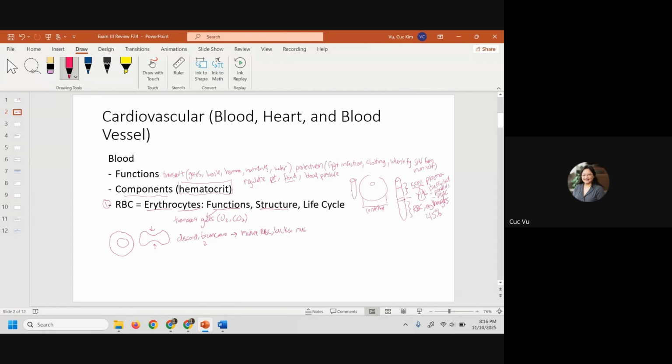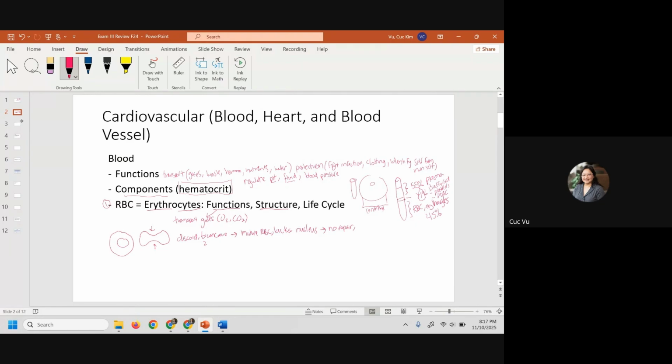And if it lacks a nucleus, what does that tell you about the life cycle of a red blood cell? It's short. It can't repair or multiply itself. Exactly. It has no nucleus, which means no DNA. And no DNA means no protein production, and no protein production means no repair.